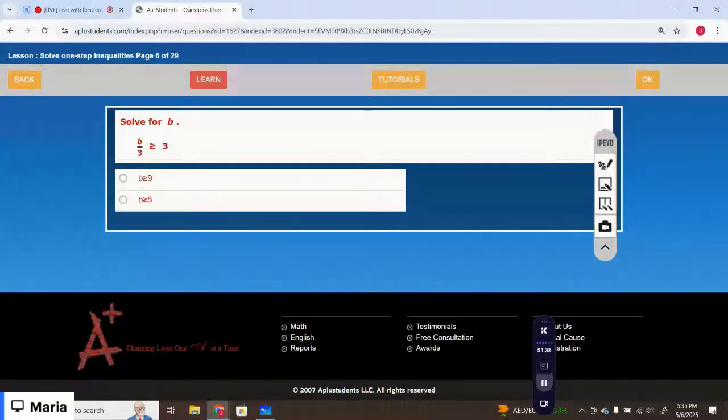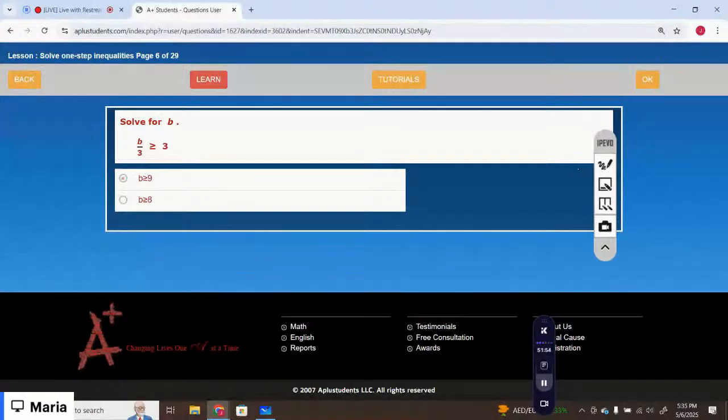Solve for b. B divided by 3 is greater than or equal to 3. B is greater than or equal to 9.